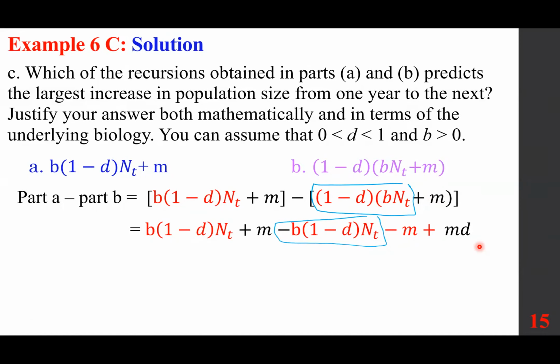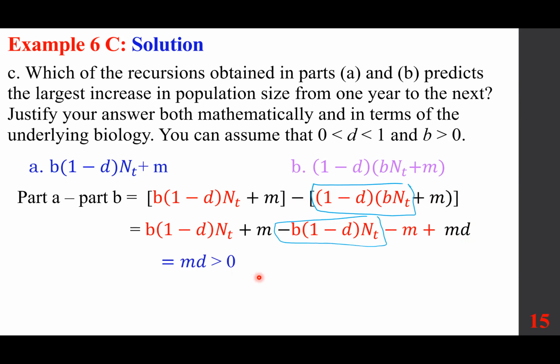So we can see that everything cancels out. This one cancels this one. Positive M cancels this one. What do we end up with? The only thing left is MD. Please understand, negative times negative makes it positive when you multiply by M and D. So that's how we get the MD. So the result is MD.